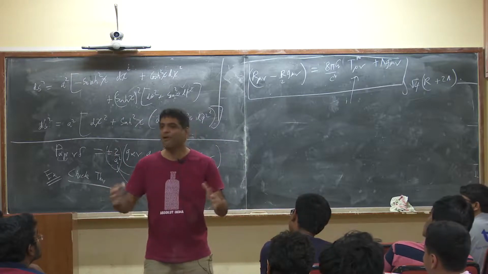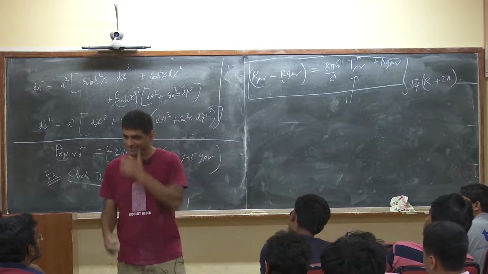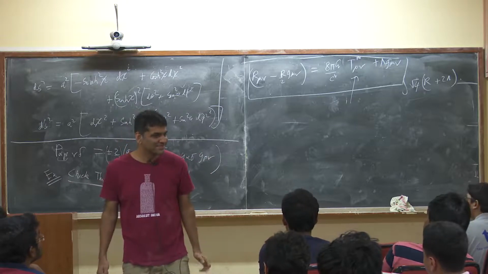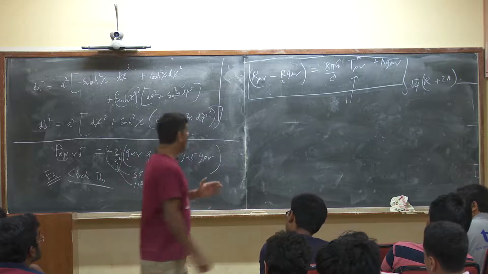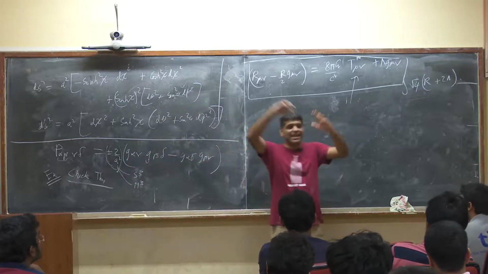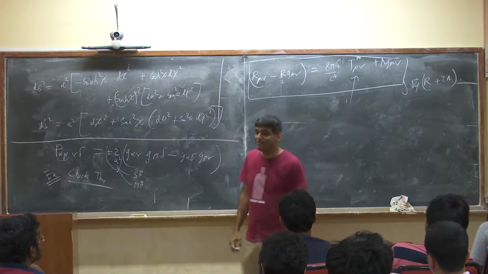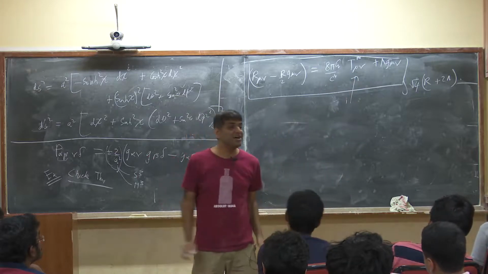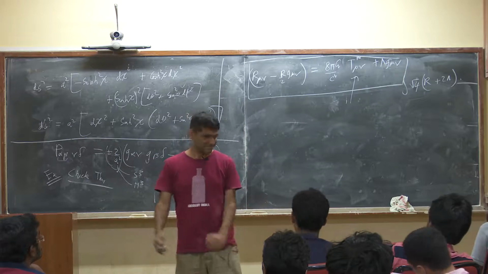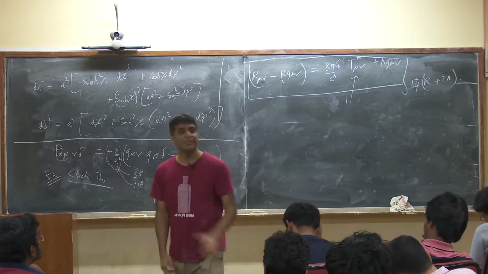So let's make a rough model that will get many features right. Okay? So let us assume that on the length scale of the universe, we can think of the T mu nu as the stress tensor of a fluid with some equation of state.